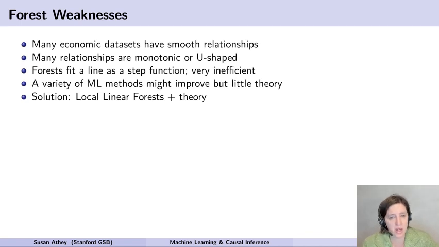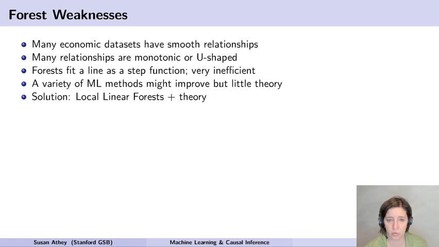Relationships might be monotonic or U-shaped, while forests actually try to fit a line as a step function, which is very inefficient. A variety of machine learning methods might improve upon this, but sometimes there's little theory. For example, neural nets might be a good way to go, but we don't necessarily have reliable statistical properties of them.